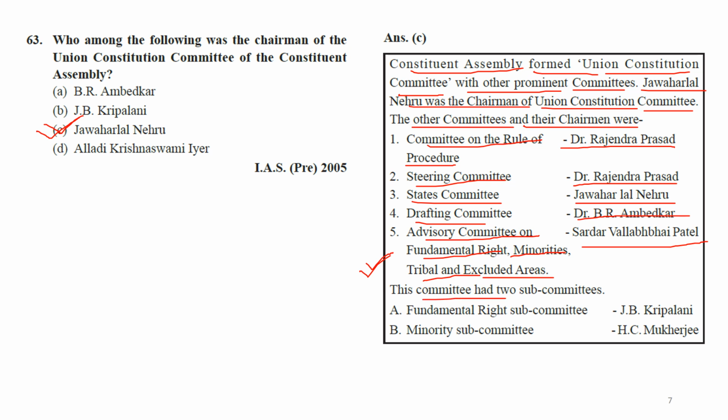This committee had two subcommittees. The Fundamental Rights Subcommittee's president was J.B. Kripalani, and the Minorities Subcommittee's president was H.C. Mukherjee. This whole list is given in Laxmikant as well, so you can read it to know more about these committees and their presidents. I will do the complete lecture series of Polity by Laxmikant on this platform. Just give me some time to do that.